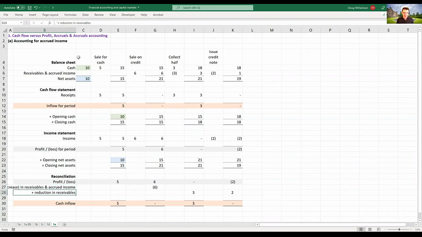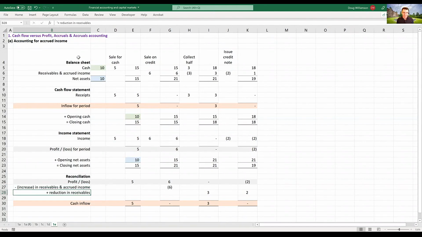Copy. Increase or reduction in receivables and accrued income. So this is all true so far for sales. This time it's a modification of sales.